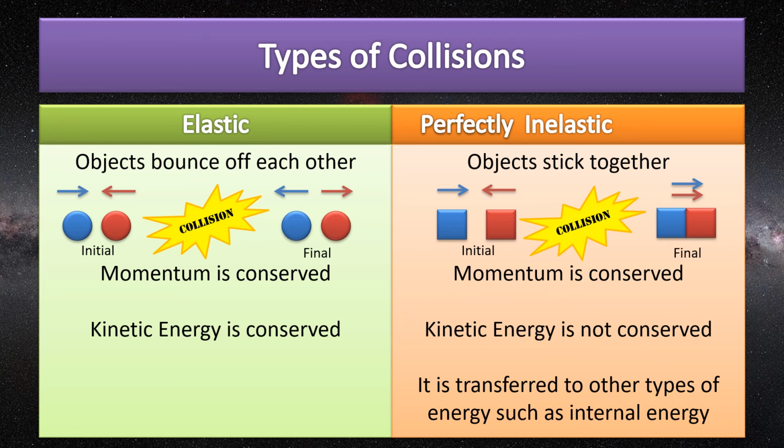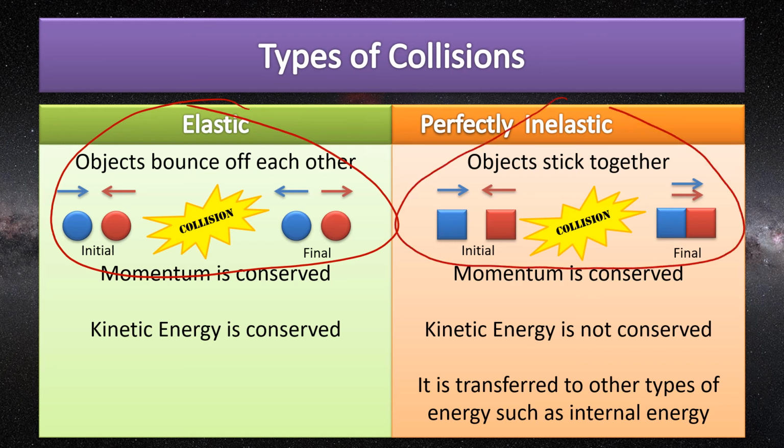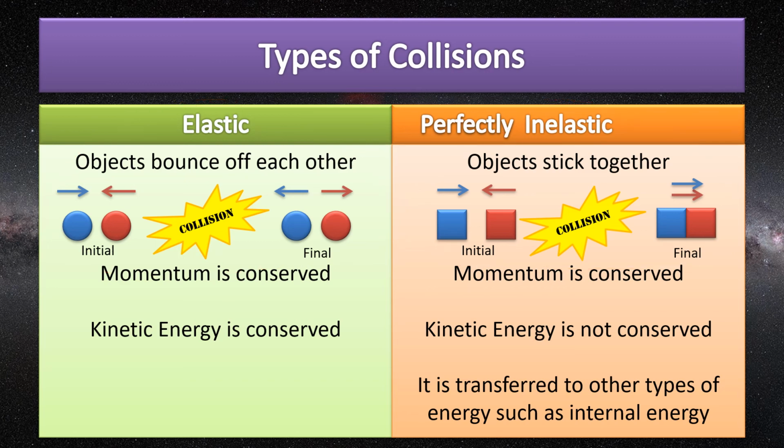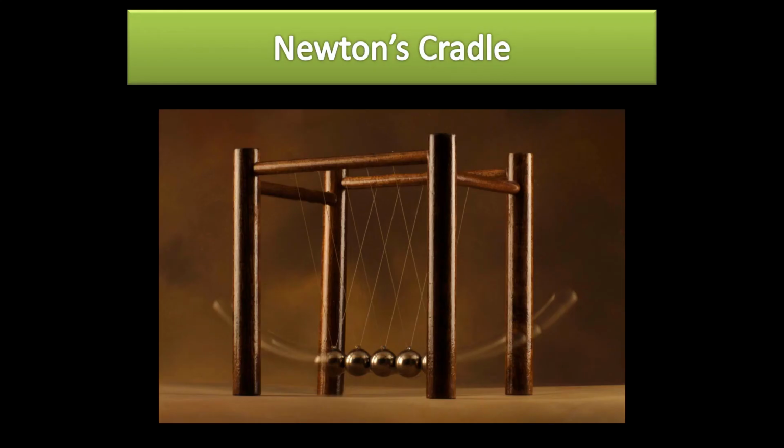That's the full story. But most of the questions that we do are either perfectly elastic or perfectly inelastic, and you could tell which one is which because for elastic, they bounce off each other, and for inelastic collisions, that's when in the problem they're going to stick together. But momentum is conserved in both. But for today, we're just going to do elastic collisions.